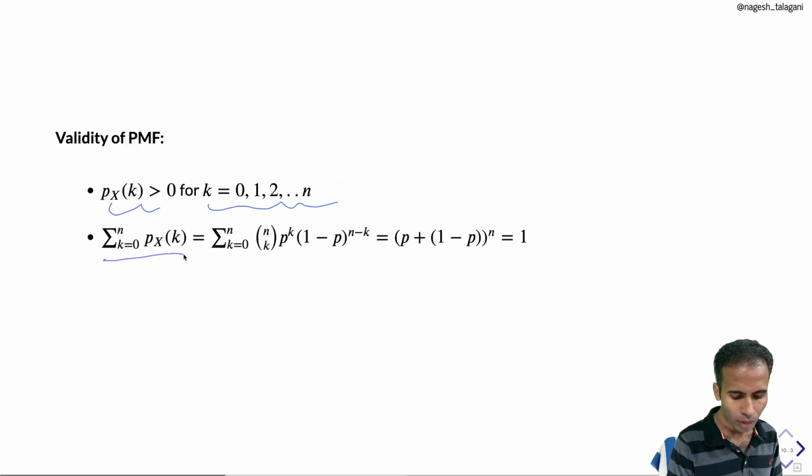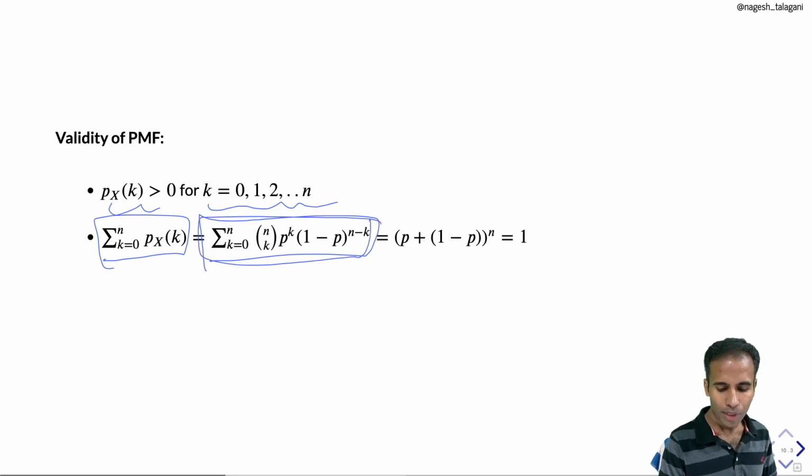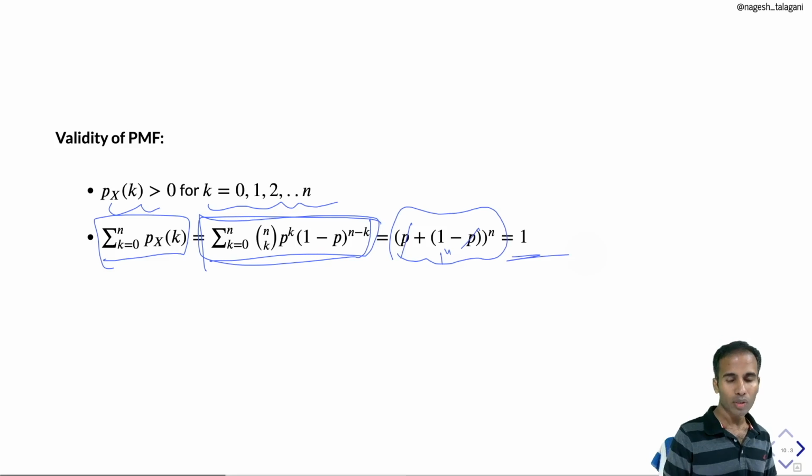Summation k equal to 0 to n of p_X of k is the summation k equal to 0 to n of n choose k p^k (1 minus p)^(n minus k). Now we know from the binomial theorem, this is the expansion of (p plus 1 minus p) to the power of n. Here the p cancels, so 1 to the power of n means 1. So in fact, what we got is actually a valid probability mass function.